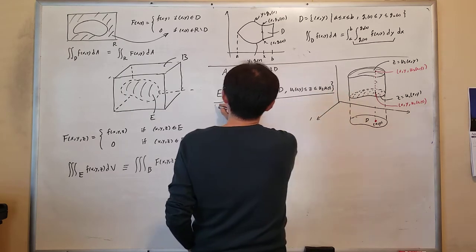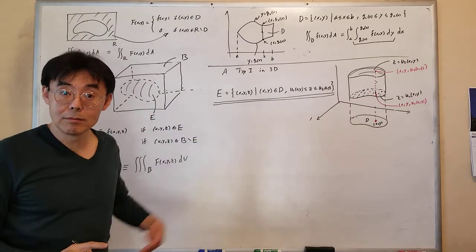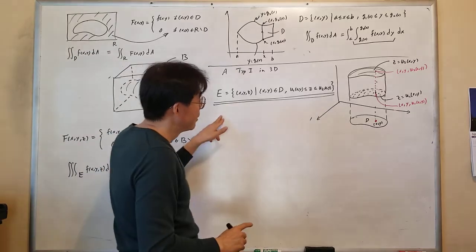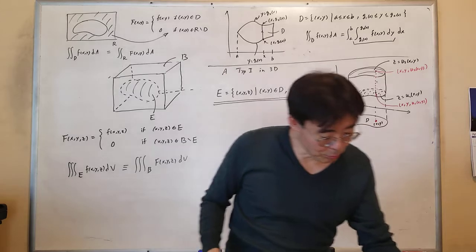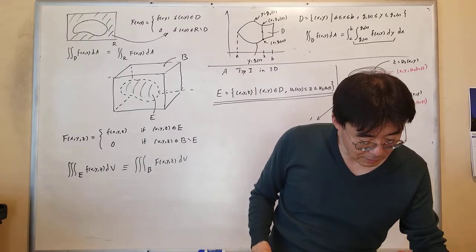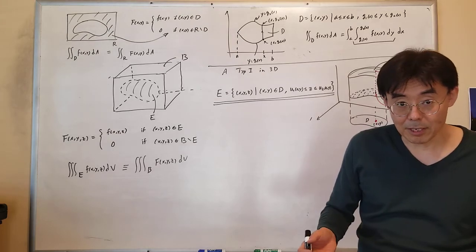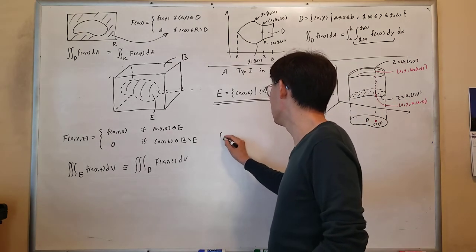If you can write your domain in this fashion, then you call it type 1 in 3D. Then, just like I just wrote, the details, but this is exactly the same idea as the double integral case.